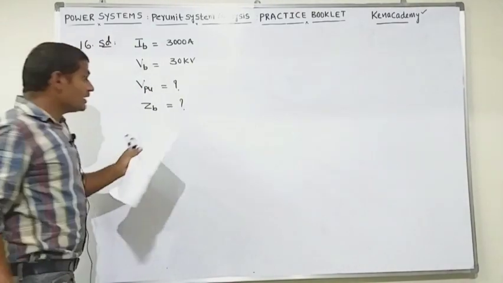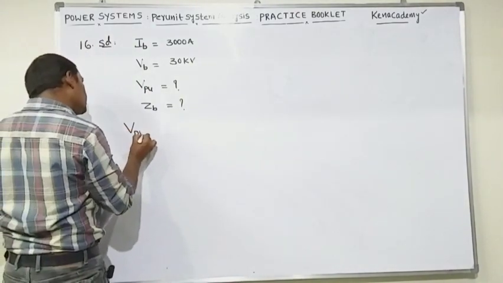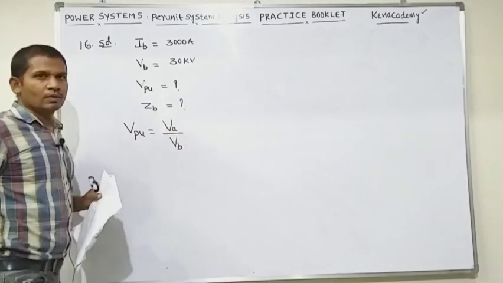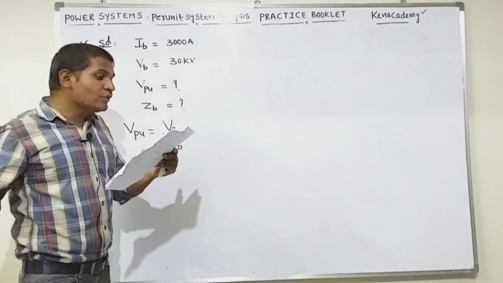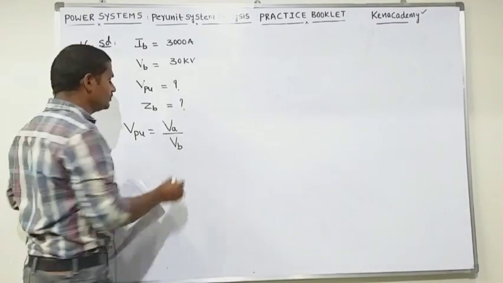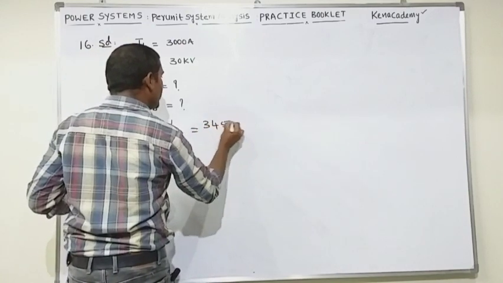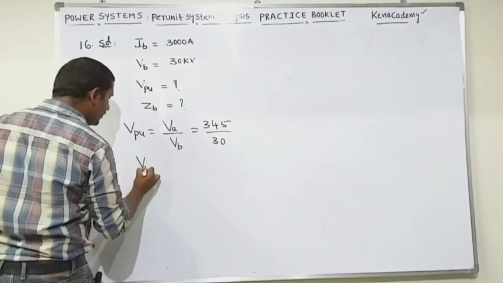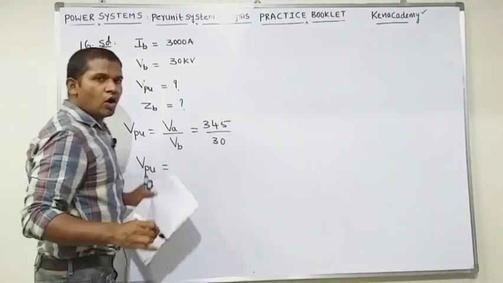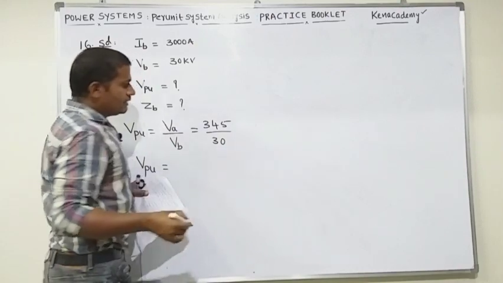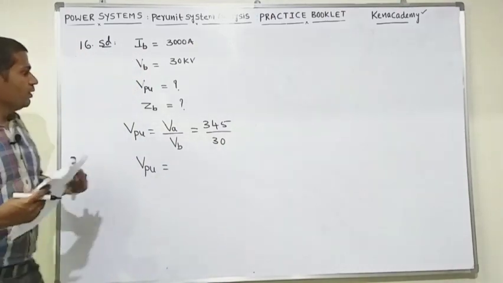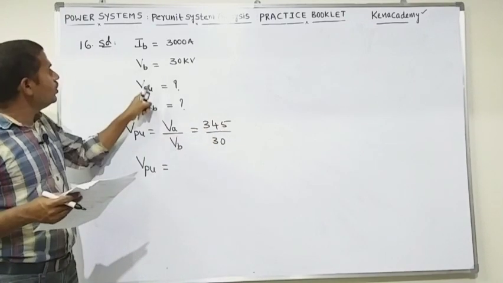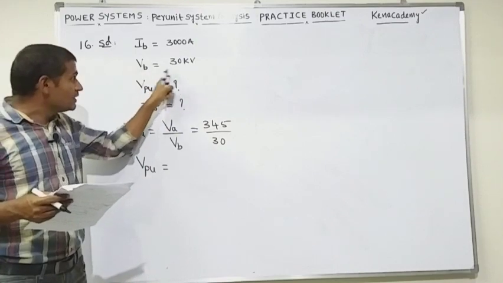Now tell me, what is the per unit voltage? Per unit voltage is equal to actual voltage by base voltage. The actual voltage is 345 kV for a 345 kV system. The base voltage is 30 kV.